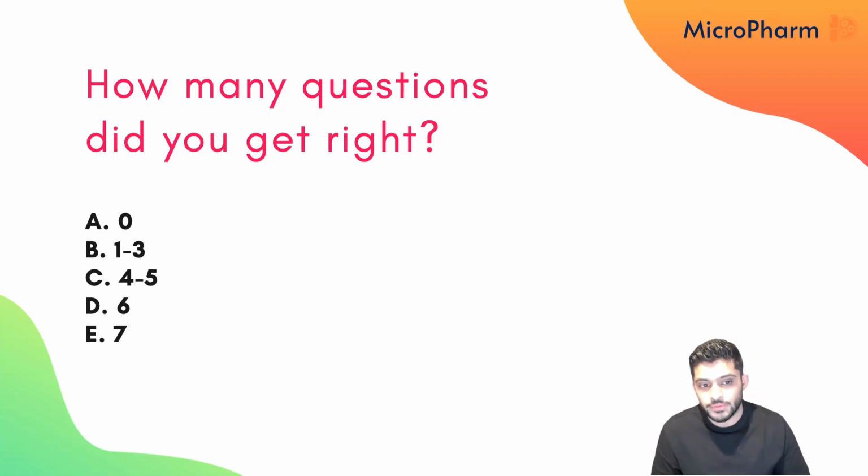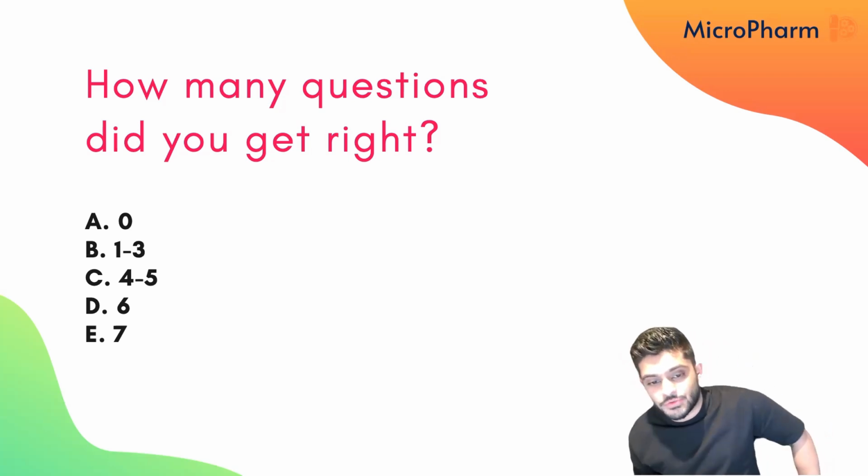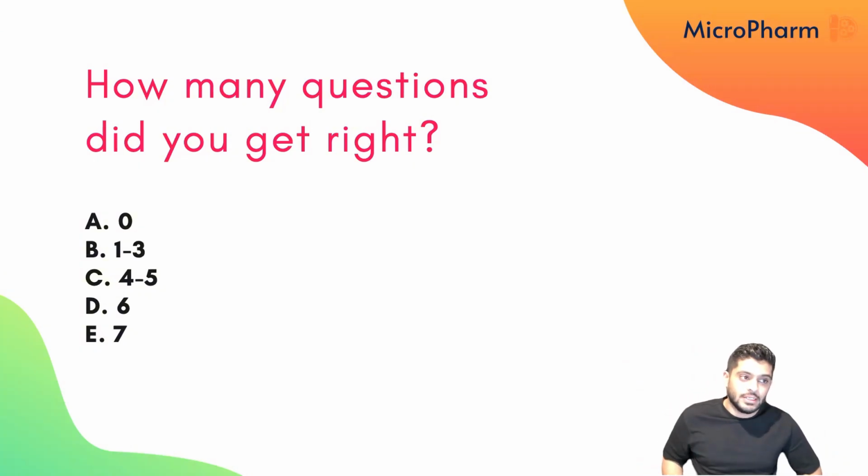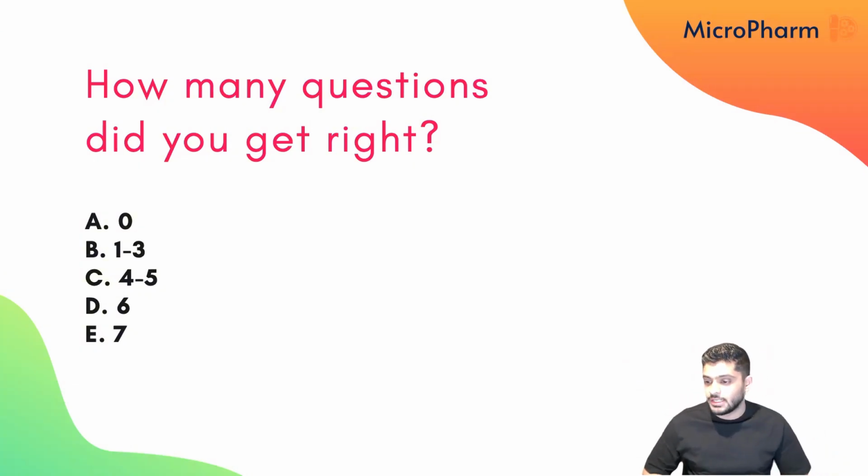Okay, so we've got a bit of a mix, but the majority of you got six right, which is really good to see. Anything from four upwards at this stage is a good indication that you're on the right track. Again, we're fairly early when it comes to quiz nights, but we're going to have monthly quiz nights essentially.